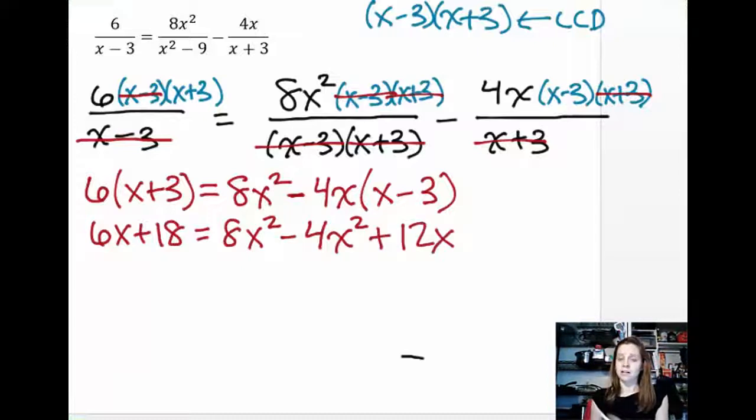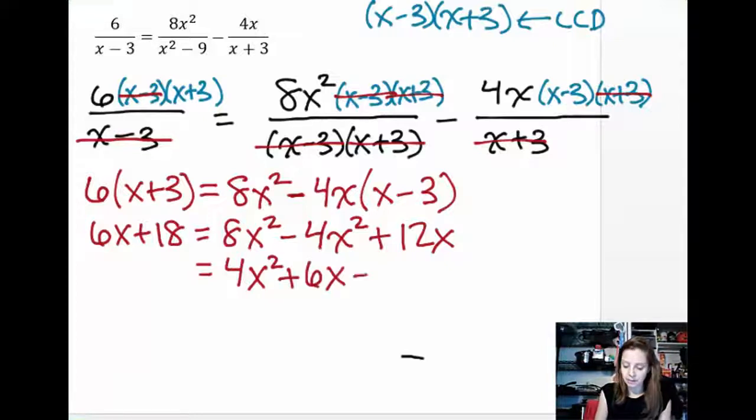This is a quadratic, so I'll set one side to 0. Move all the variables to the other side. Here I'm going to get 4x squared. Subtract 6x from both sides, get plus 6x minus 18 and 0.